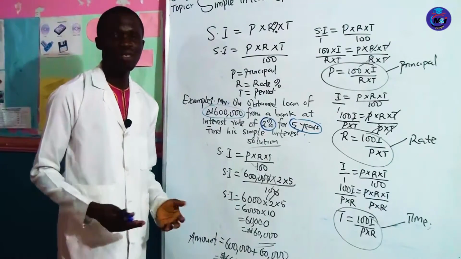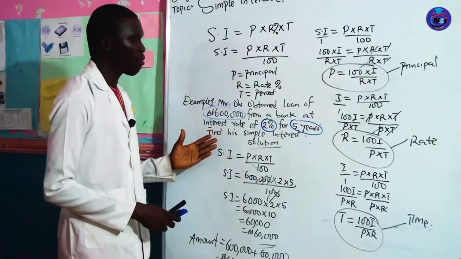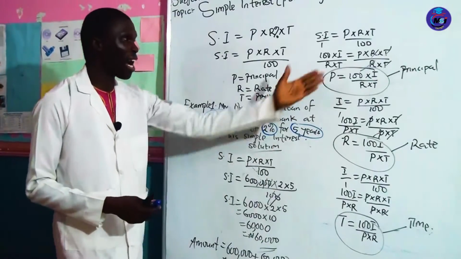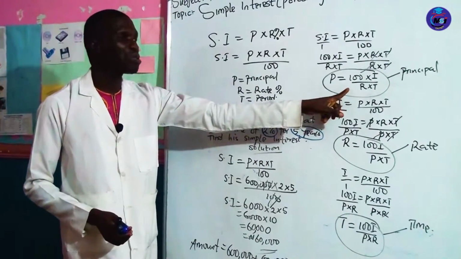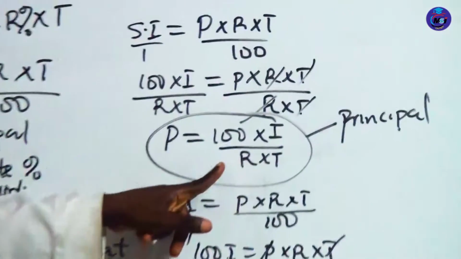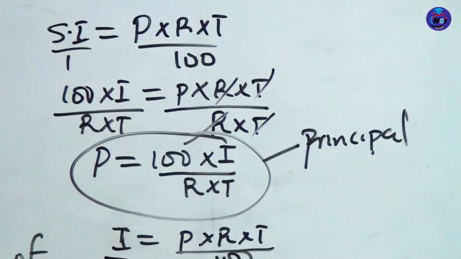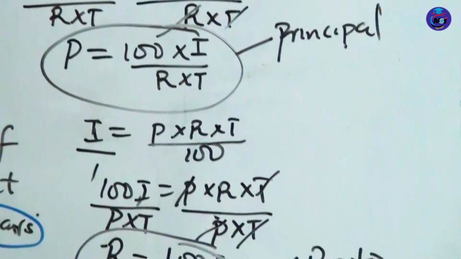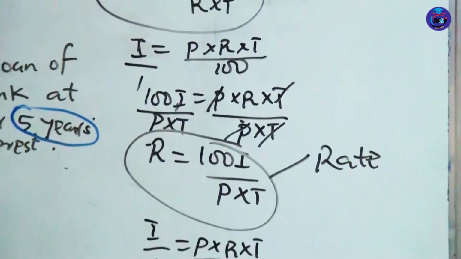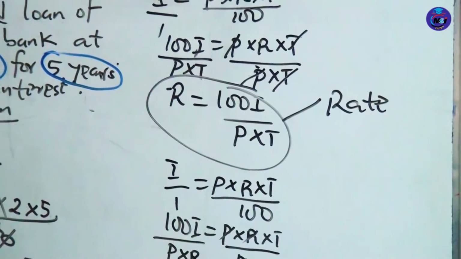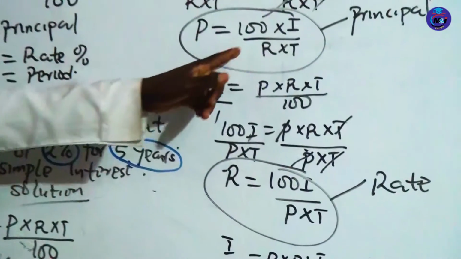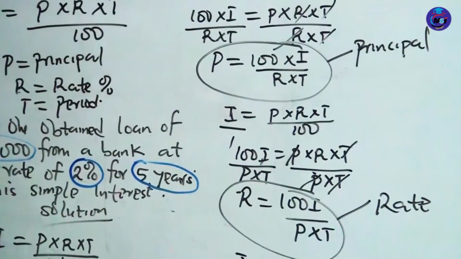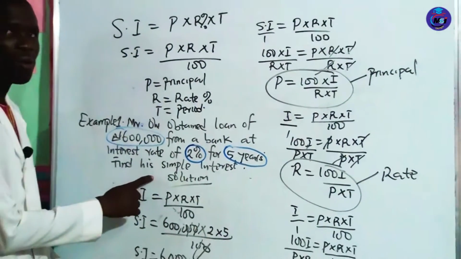Now, time will not permit us, but I will still show you how to find your principal. If a question is given to you, this is the formula to find the principal. This is the formula to find the rate, and this is the formula to find the time. But can we just do a little example on how to find the principal, using the same question.